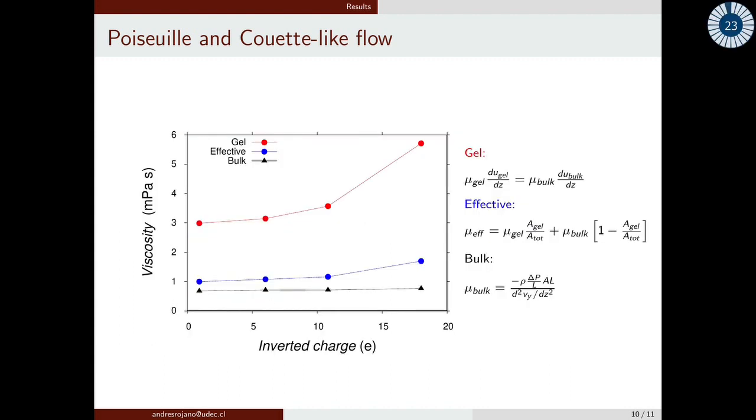Using the previous information, we computed the gel viscosity, the bulk viscosity, and the effective viscosity, which is an algorithmic sum of the two previously mentioned. The result of this viscosity reveals the increase of the solid-liquid interaction that is occurring as the magnitude of the inverted charge increases in the solution.